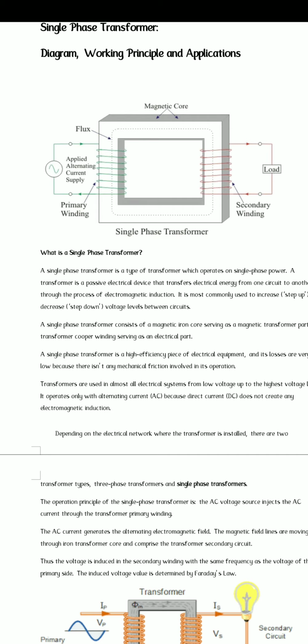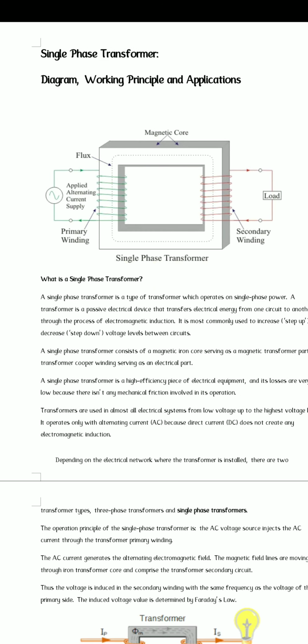First of all, the single phase transformer is one of the electrical devices. It transfers electrical power from one circuit to another without changing the frequency. We can talk about frequency, but not in DC.